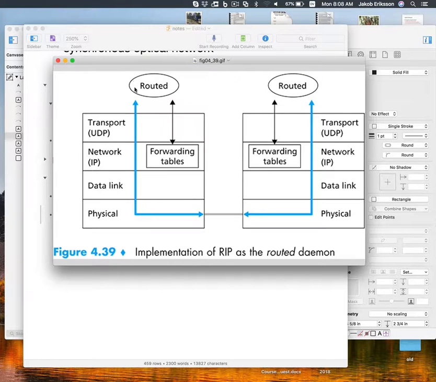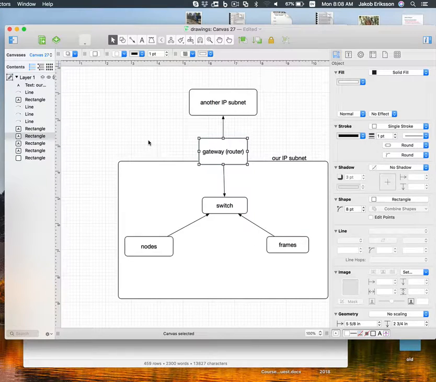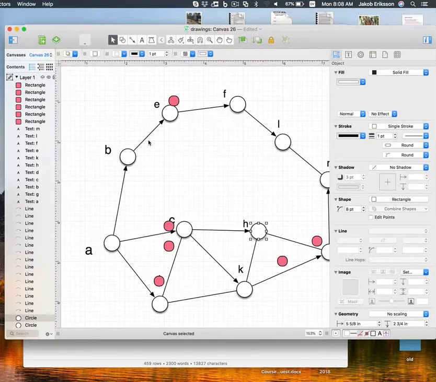So one way to do this would be to implement, say, link state routing in an application like this. In our previous drawings in link state, we were talking about A, B, C, D, E, these abstract identifiers.